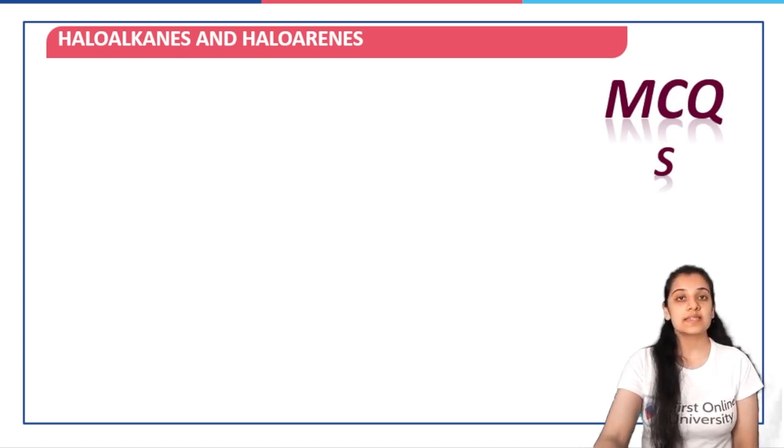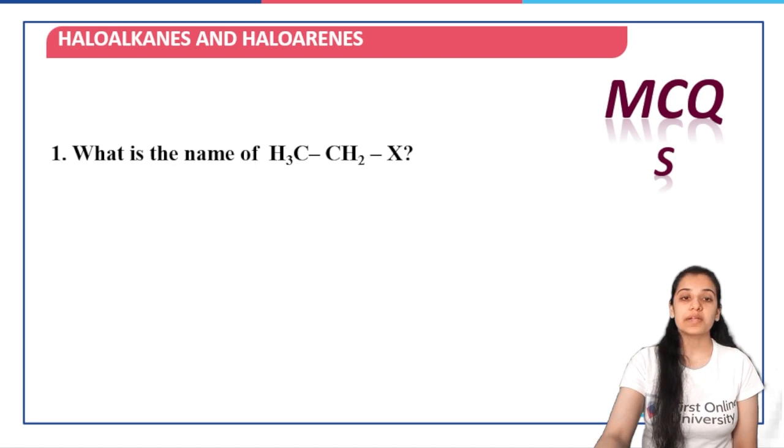Now, based on what we have seen till now, let us do a few concept checks to see how much we have understood in terms of the introduction to this chapter. The first question is, what is the name of this particular compound, CH3CH2X? If we look at CH3CH2, it is simply an ethyl group and X is the halogen.